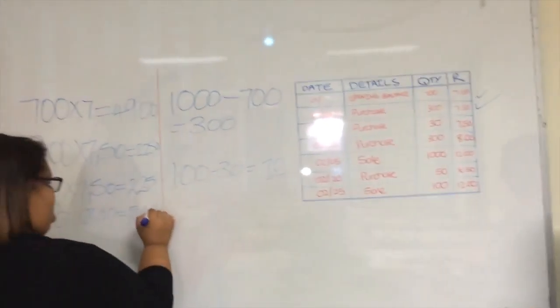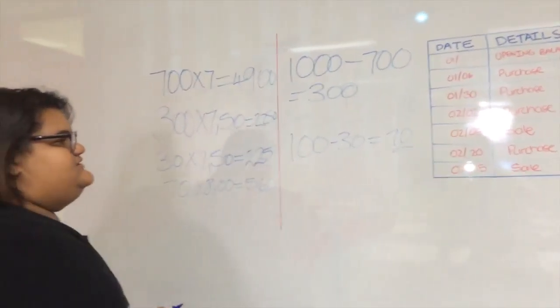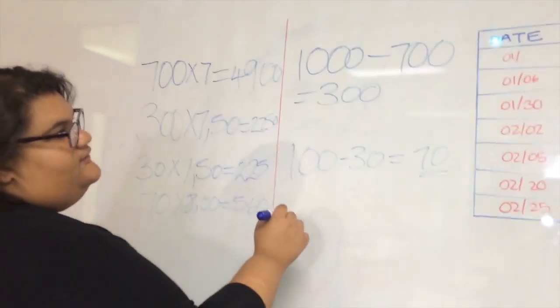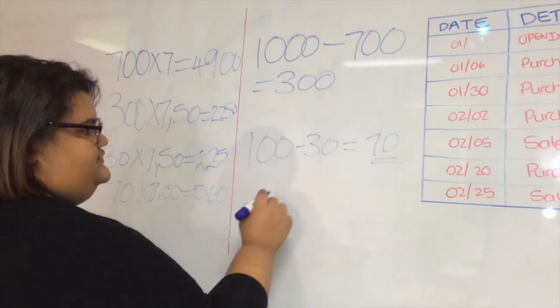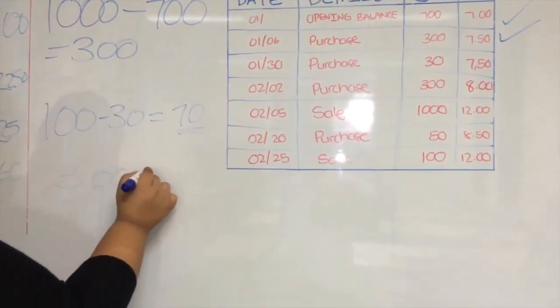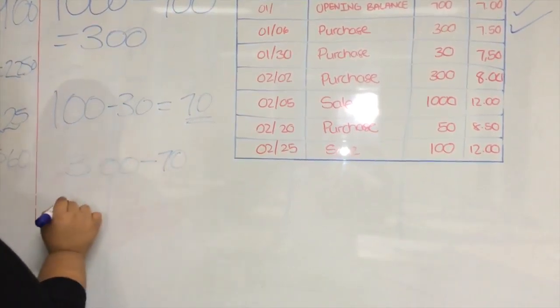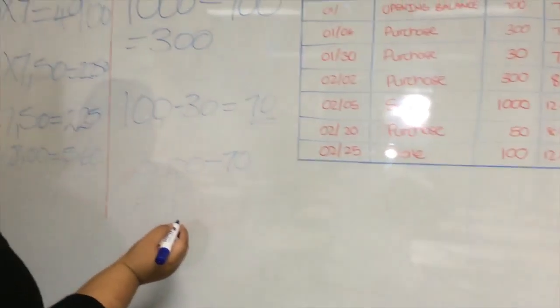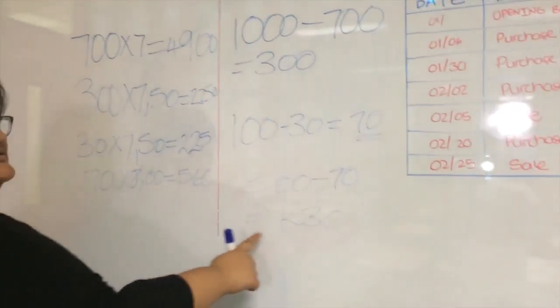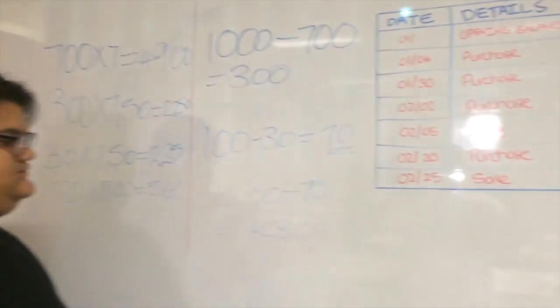Yes, that is correct. But now you would say the leftover from that purchase would have been 300 minus the 70, which gives you an amount of 230. Wait, what are you doing? That's the leftover from that purchase.